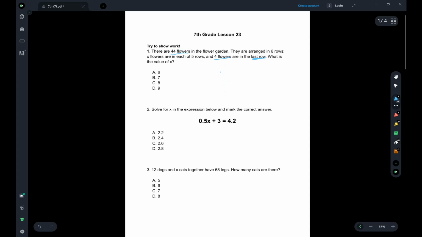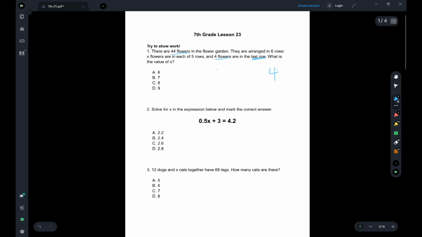Therefore, let's say there's 6 rows here. 1, 2, 3, 4, 5, 6. Each has a flower. This last row here is guaranteed to have only 4 flowers. So the rest of these 5 rows will have a certain amount each.